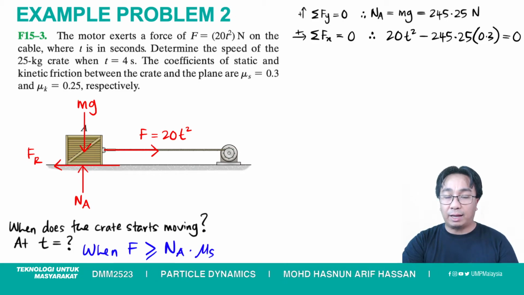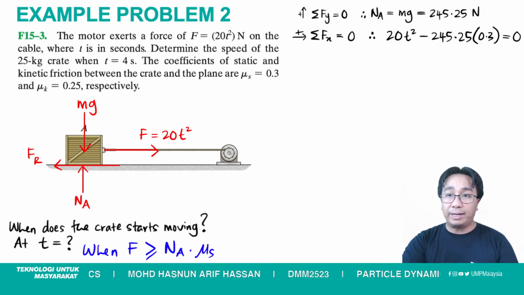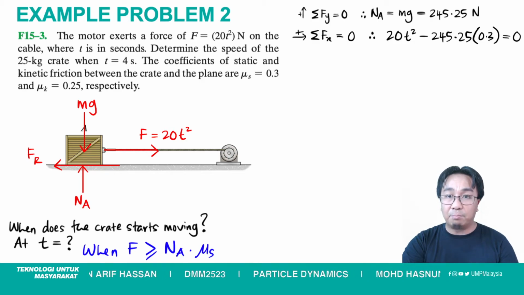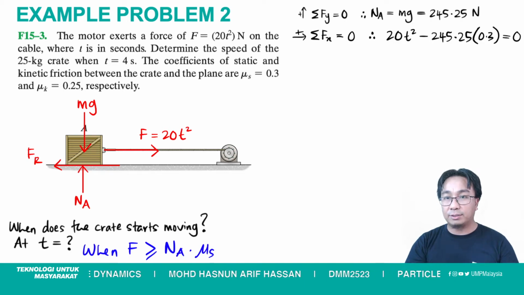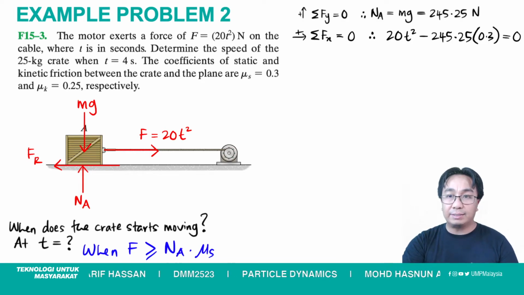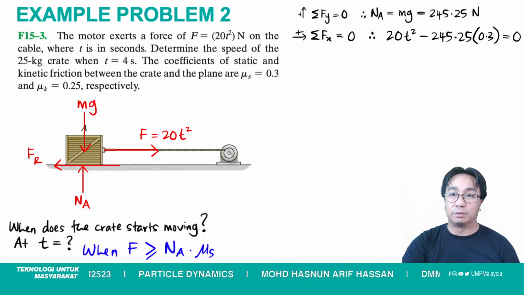From this, we can then calculate the time at which the box starts to move. If we calculate the forces in the x-axis, we have 20t squared positive minus 245.25, that is Na multiplied with the coefficient of static friction, which is 0.3, equals 0. Because as the force is equal to the friction, it is only about to move, it hasn't moved yet, so the acceleration is still equal to 0.